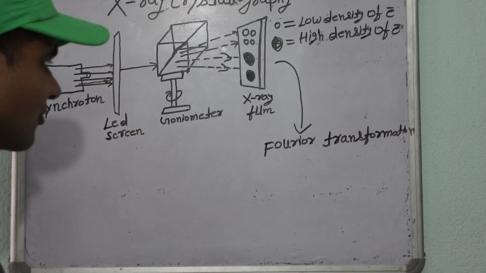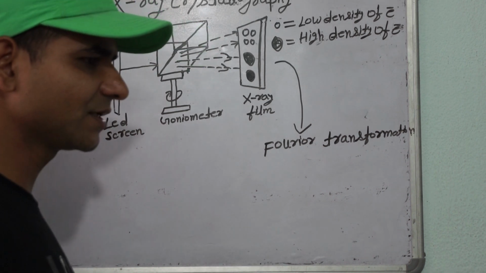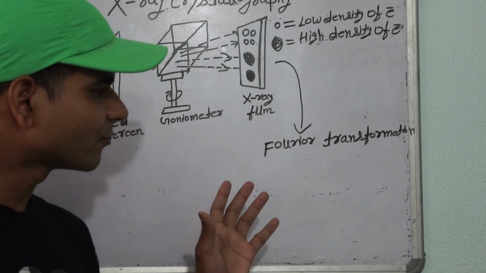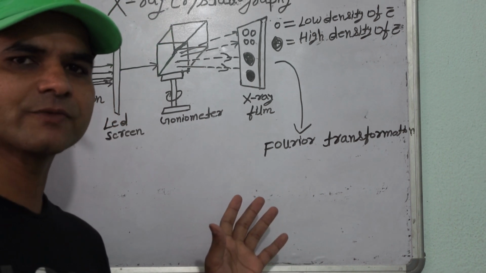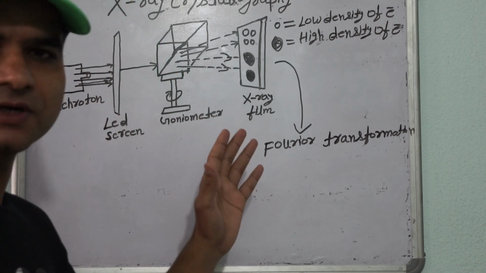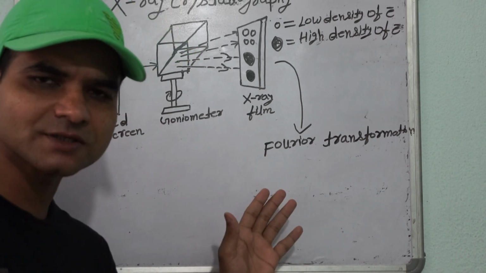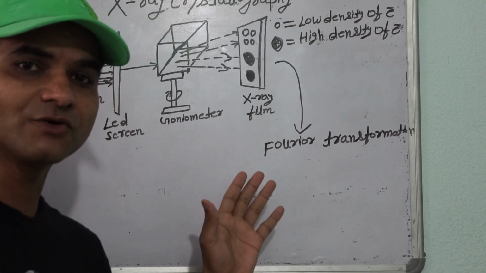First, let me tell you what the Fourier transformation is. Actually, it is a type of bioinformatics tool. It is an instrument of the dry lab; it is not an instrument of the wet lab.